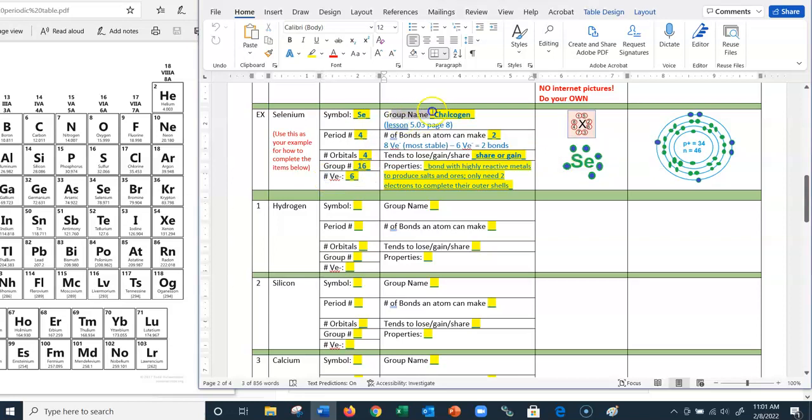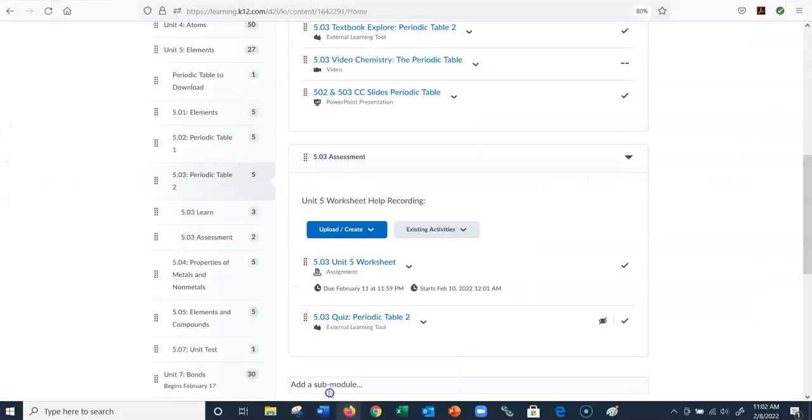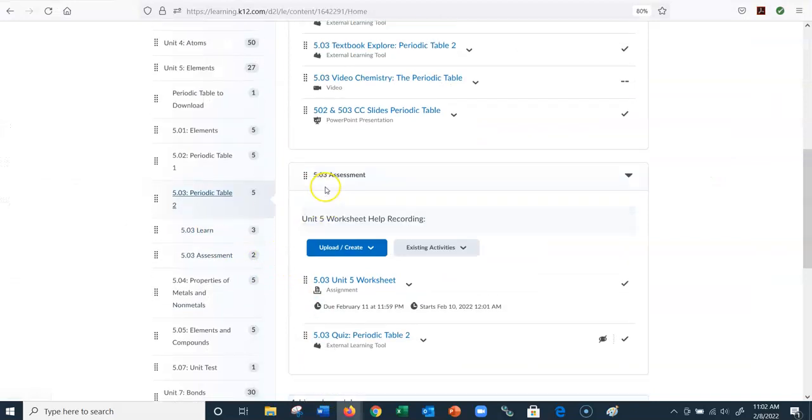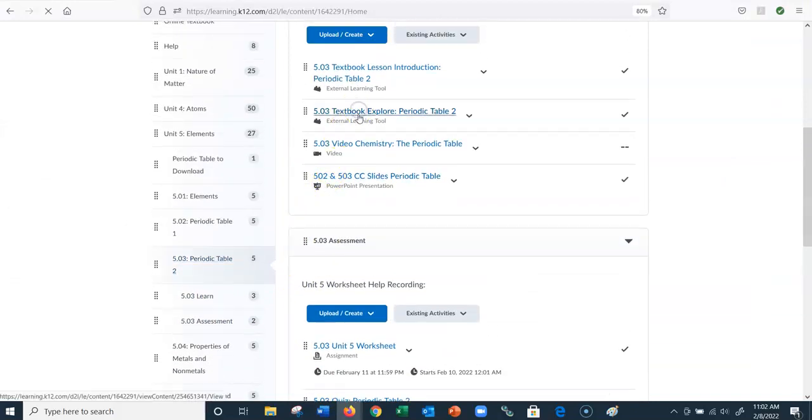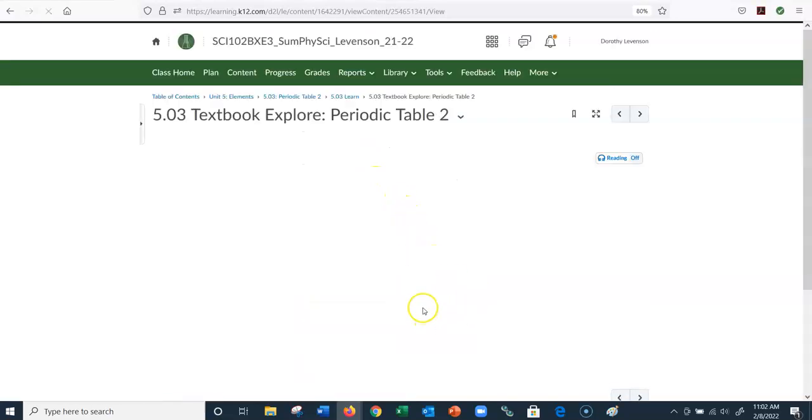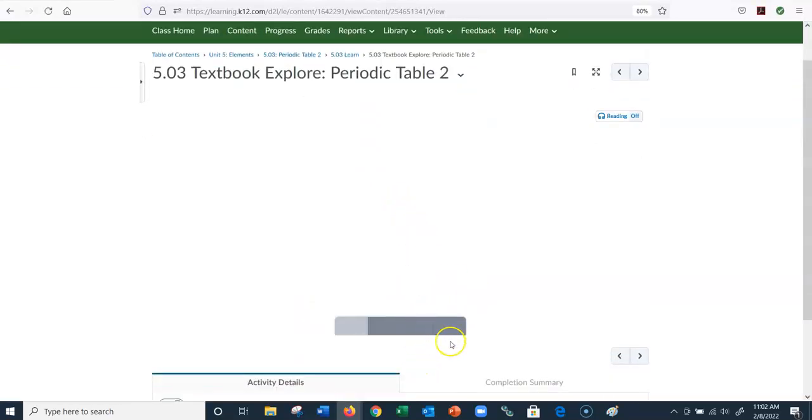The group name actually came from lesson 5.03, page 8. So if you go into lesson 5.03, Learn, the textbook Explorer, and you go to page 8, it will tell you that group name.